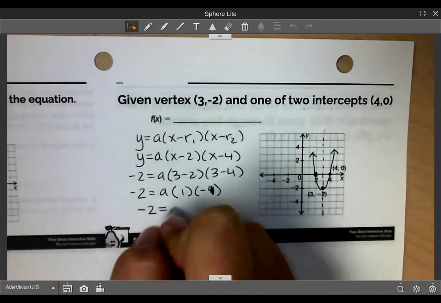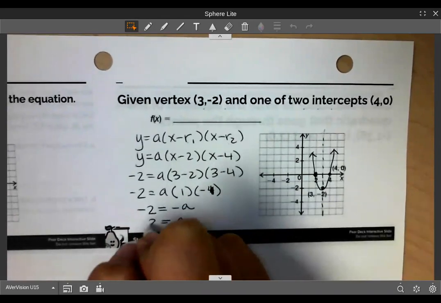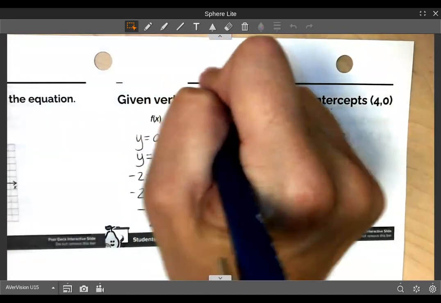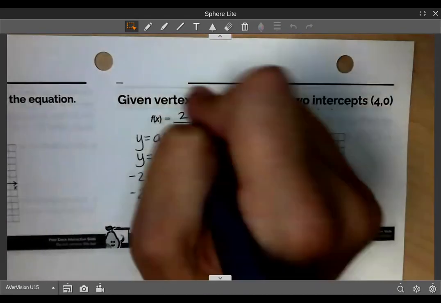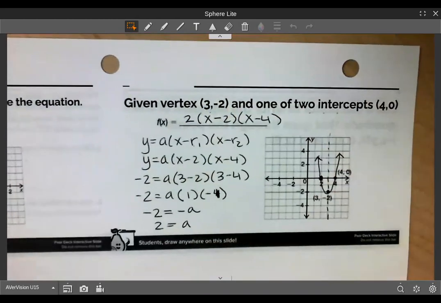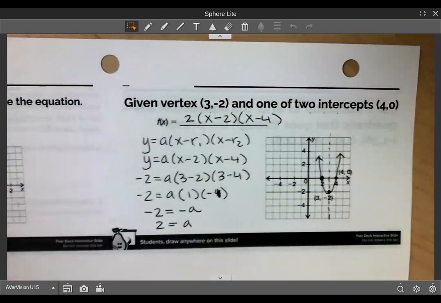And so we get -2 is equal to -a, so a is equal to 2. Once we have that a value, we can plug that in, and we get 2 times x minus 2, which is my first root, times x minus 4, which is my second root. So that's with our roots, and then we had our vertex.